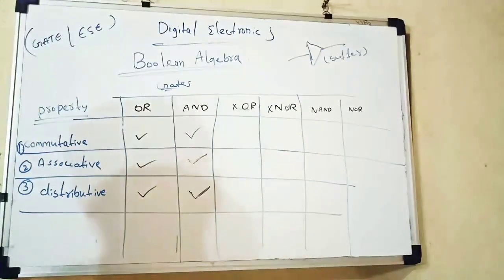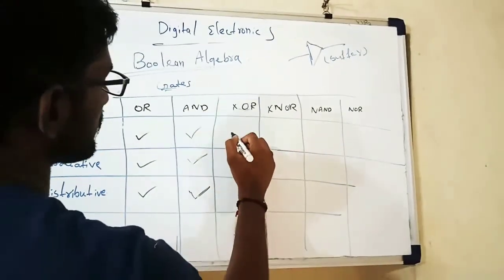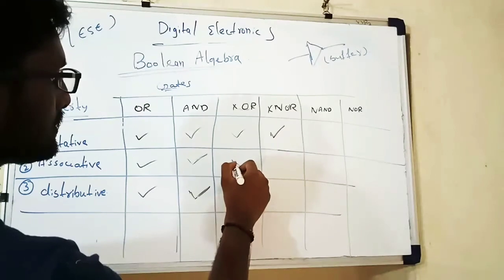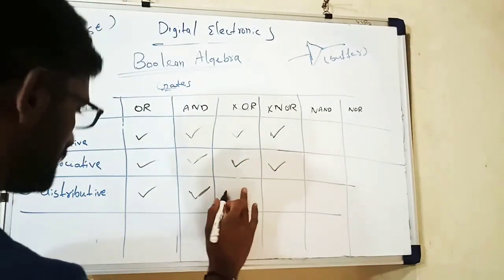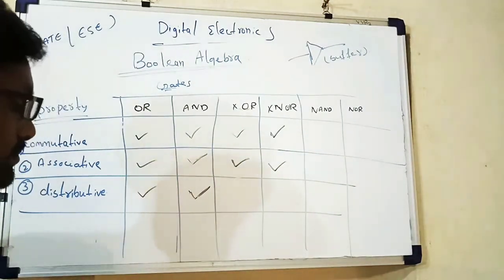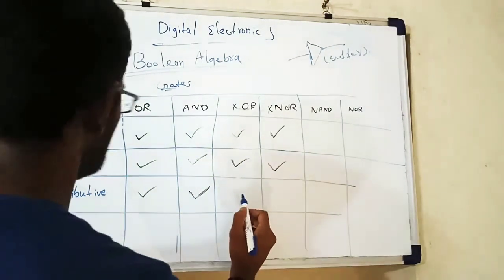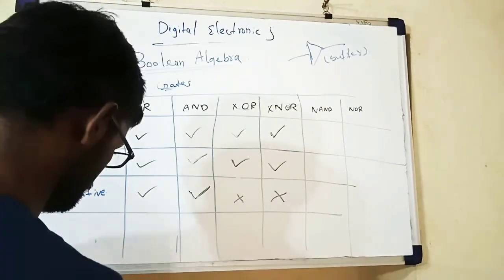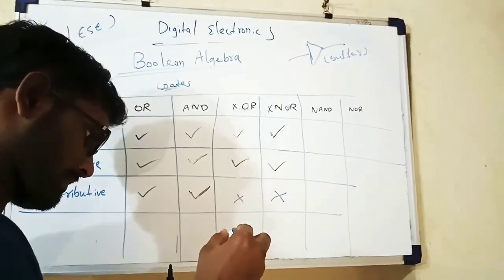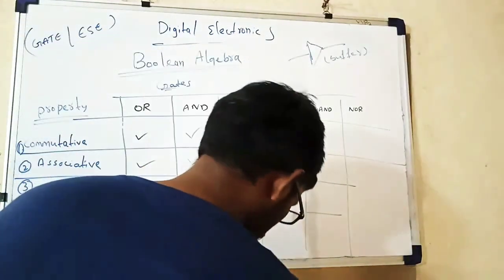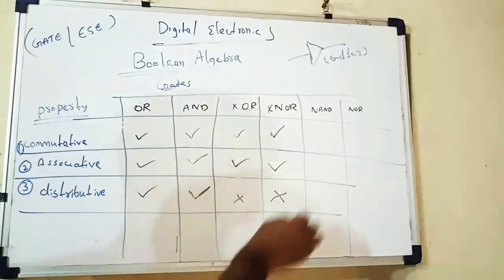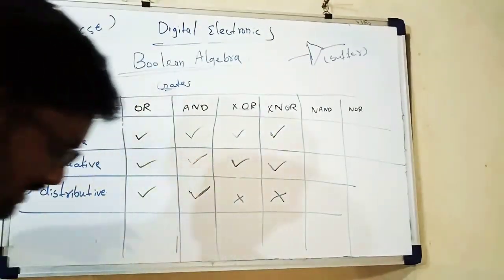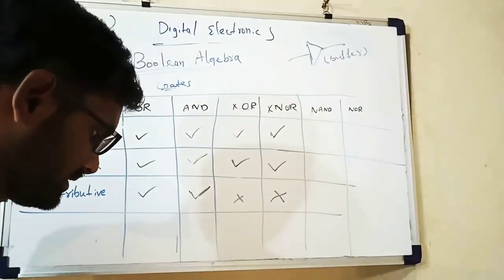Now coming to XOR and XNOR, they satisfy both commutative and associative property, but the distributive property will not hold. These are very important properties. Remember all these. If you remember only these three, the remaining all will be easy because AND gate and OR gate will satisfy all the properties.